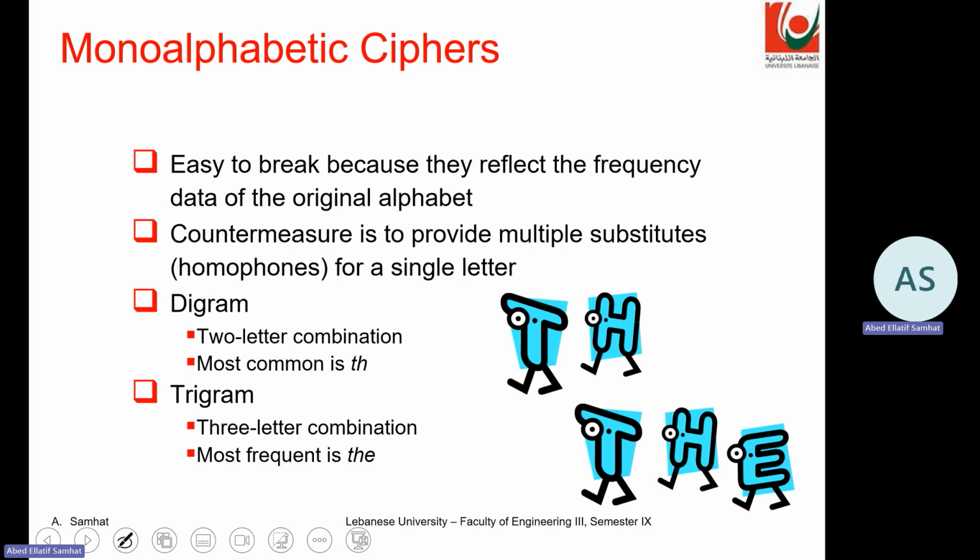So here the idea is to make multiple substitutes. Instead of having one substitute, we try to make multiple substitutes. Maybe we can make a two-letter combination or three-letter combination and so on. We will see together how we can make substitution based on two letters or three letters.